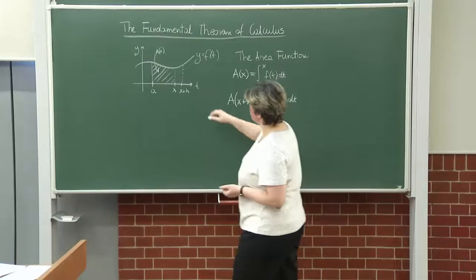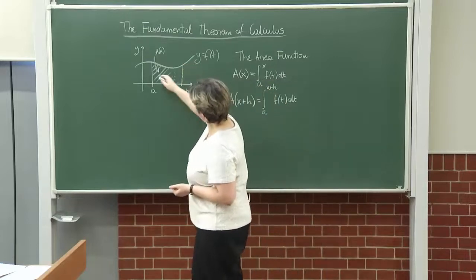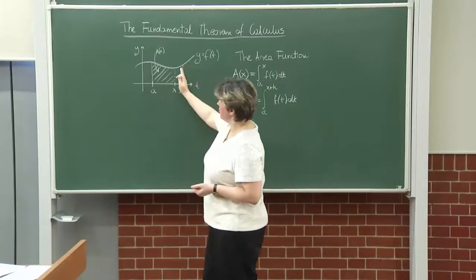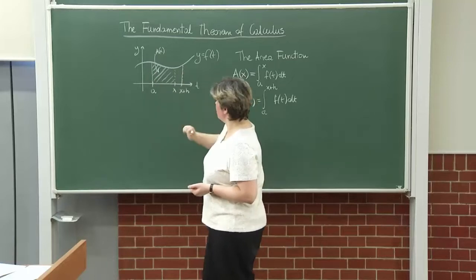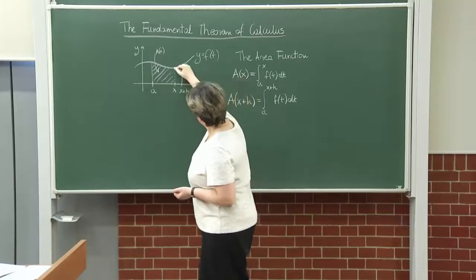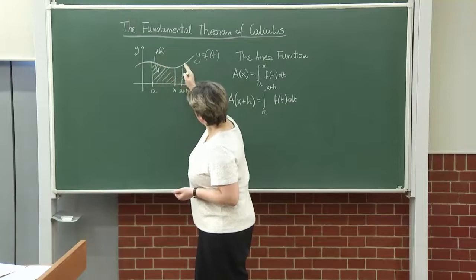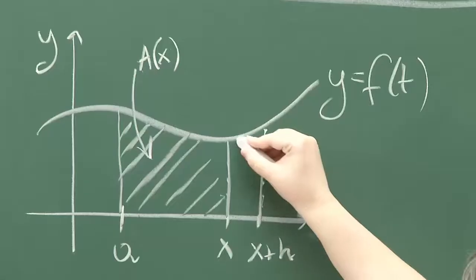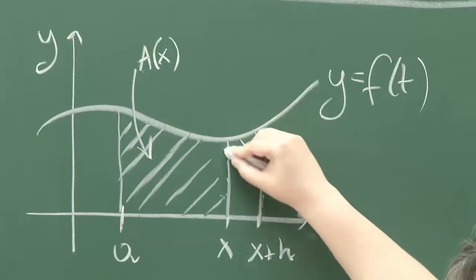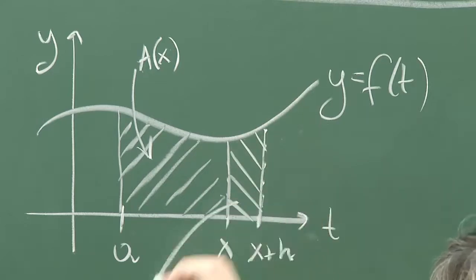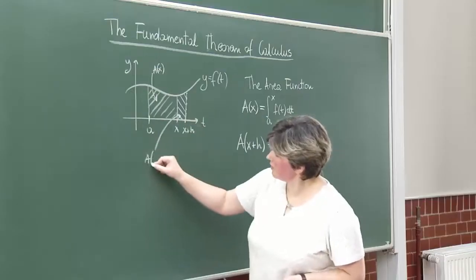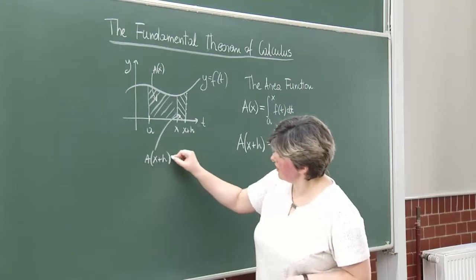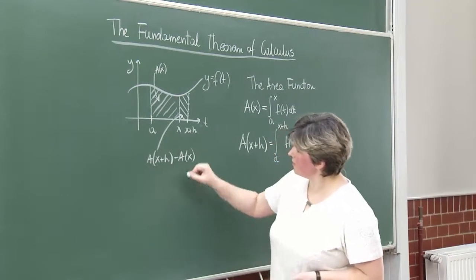So A of x plus h is the area of the region on the interval from a through x plus h. So this area is A of x, the big area is A of x plus h, so this area here is actually the difference between the large and the small areas.